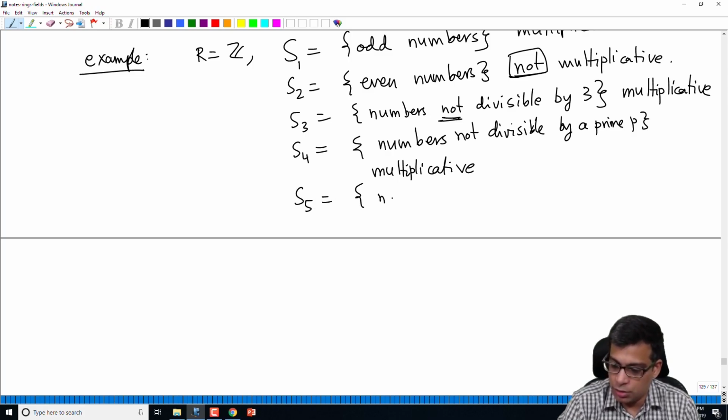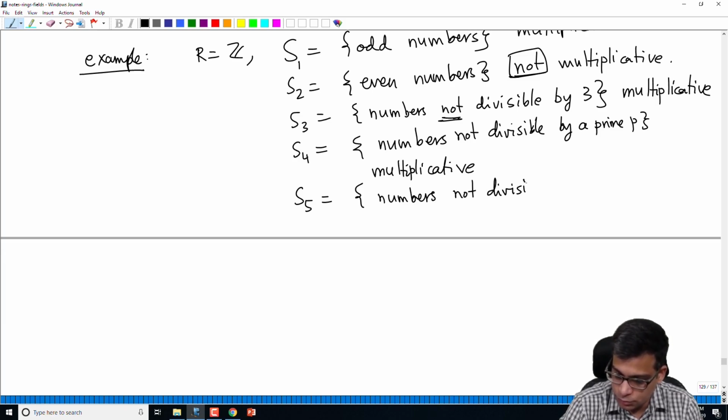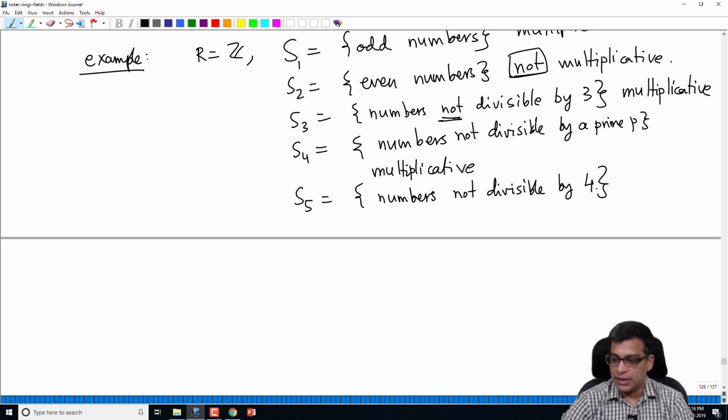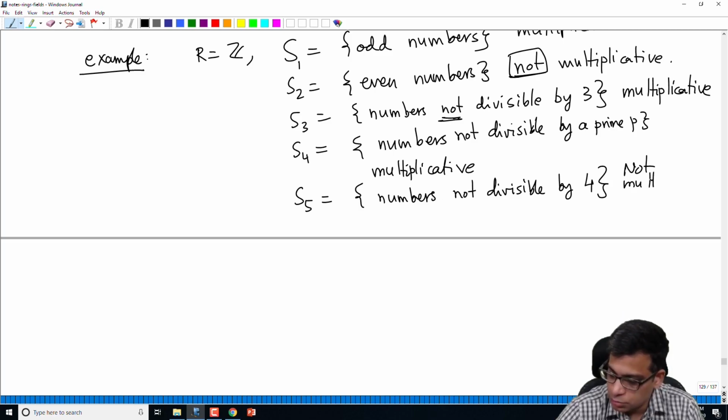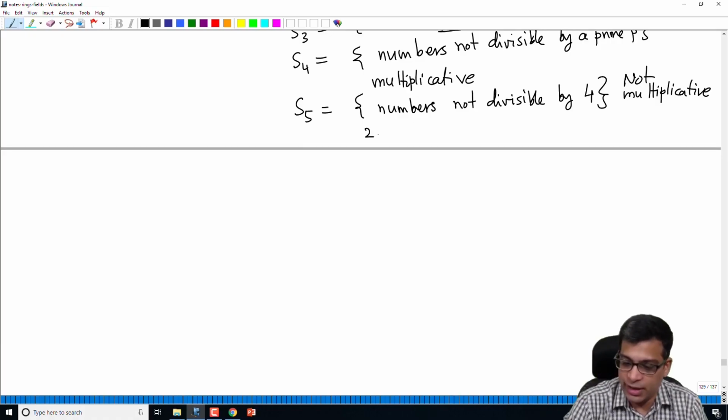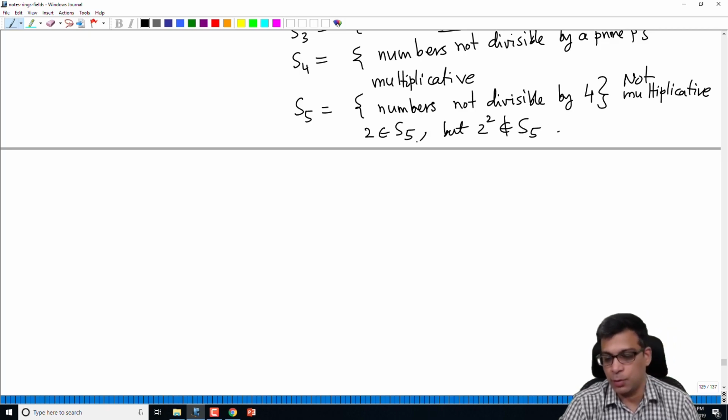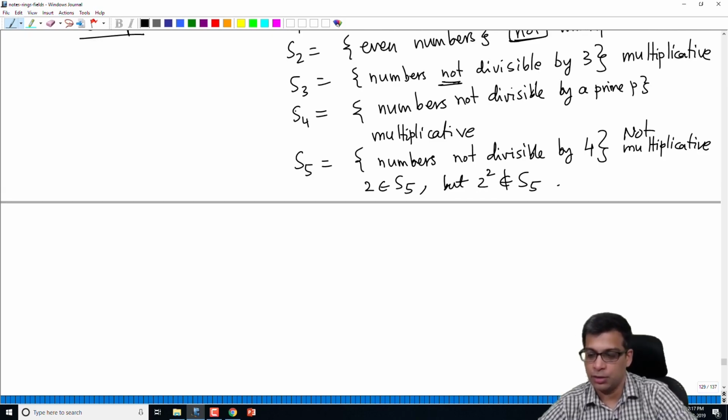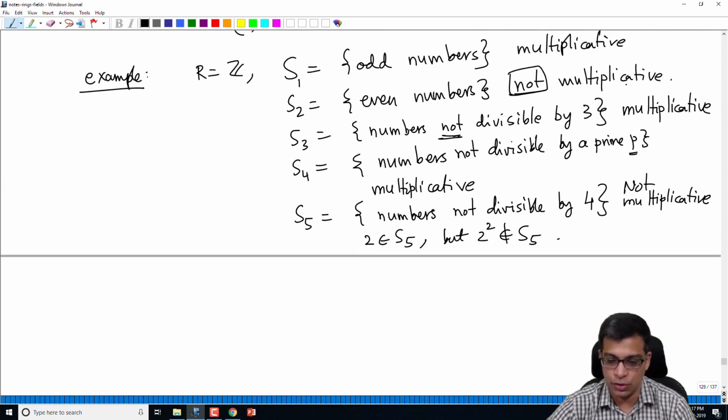What about numbers not divisible by 4? Say S5. This is not multiplicative because 1 is there, that's fine, but 2 is in S5, but 2 squared is not in S5. 2 is not divisible by 4, however 2 times 2 is divisible by 4, so it's not in S5. So this is why you need a prime number in this case. 4 is not prime, so this is not going to work.